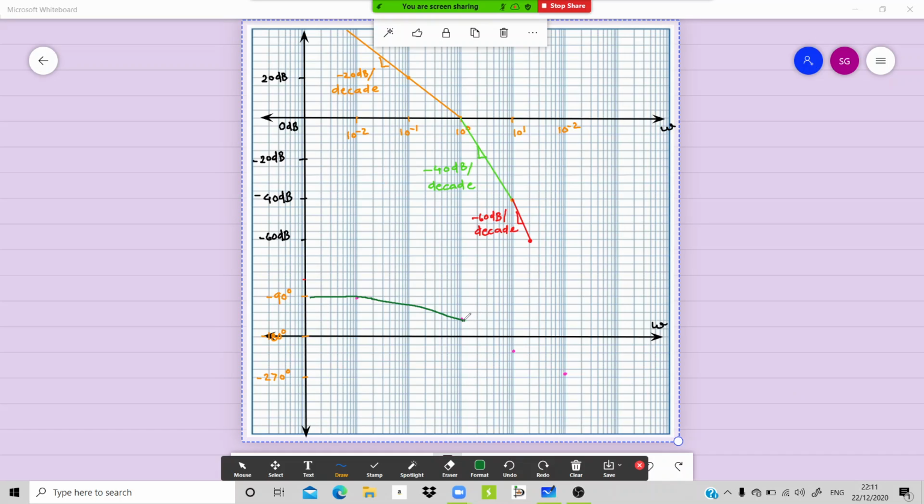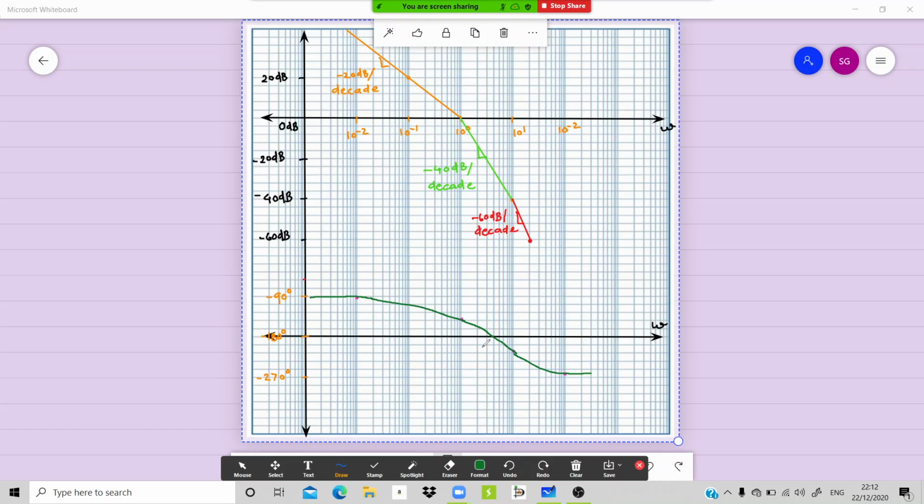Definitely, you can do the reverse engineering also. Try to go for some more points, like I have tried for 10 raised to 0 and 10 raised to 1. You go for 1, 2, 3, 4, 5, right. So if you consider omega equal to 5, then you try to find out these angles, so you'll get more accurate.